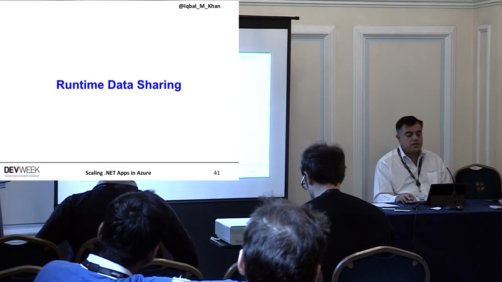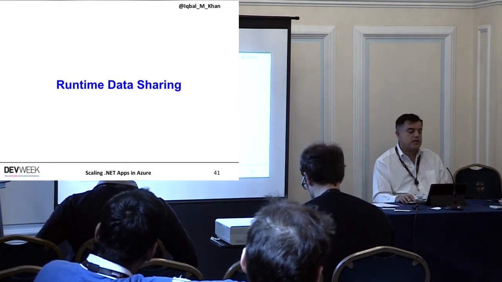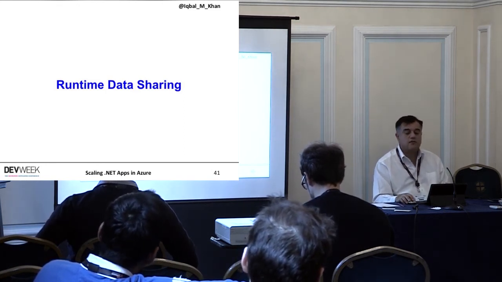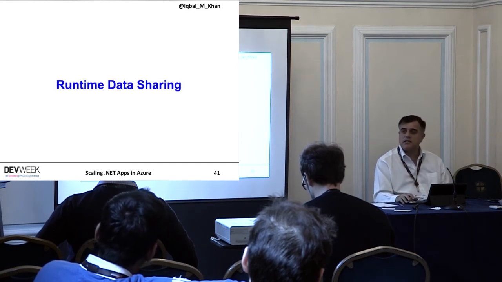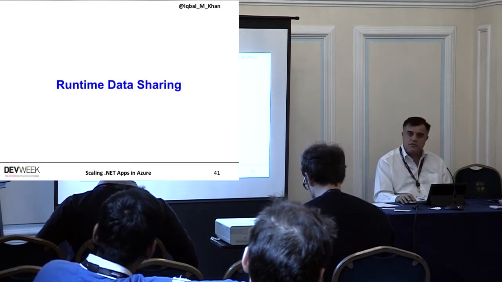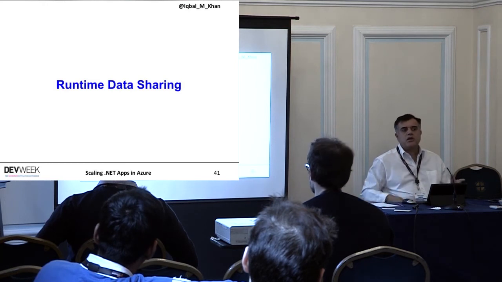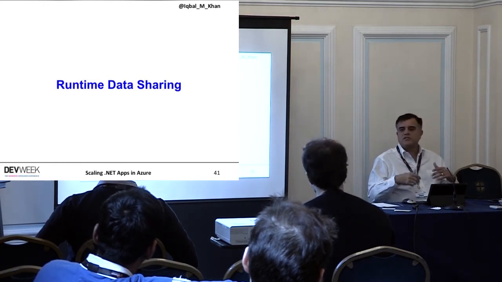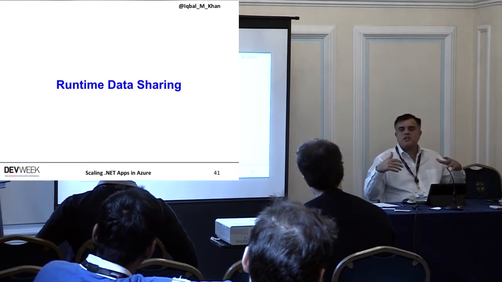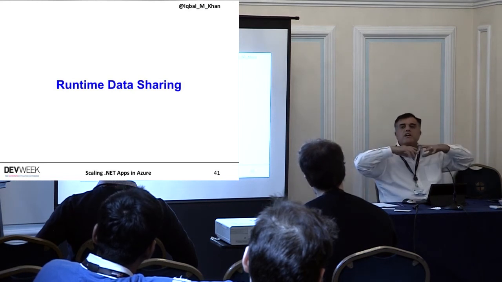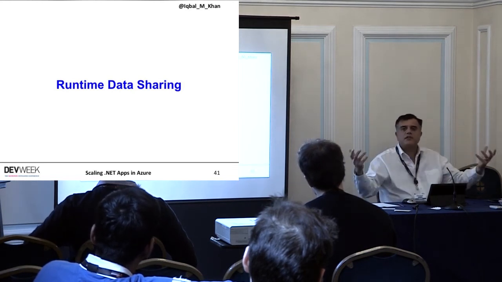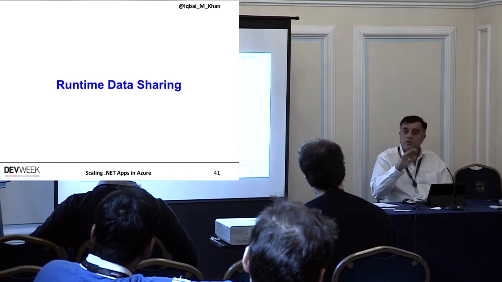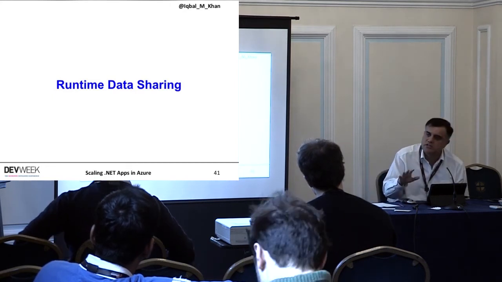The third use case, last but not least, is the runtime data sharing. I said most people don't realize that a distributed cache should be used for this. Now, I'm not talking about sharing data across the WAN. I'm not talking about a distributed from that perspective. I'm talking about multi-server environment within a data center, which is what most of the runtime data sharing is all about.